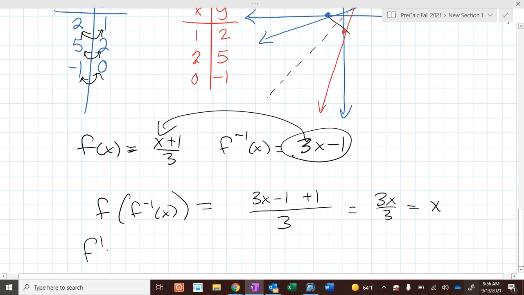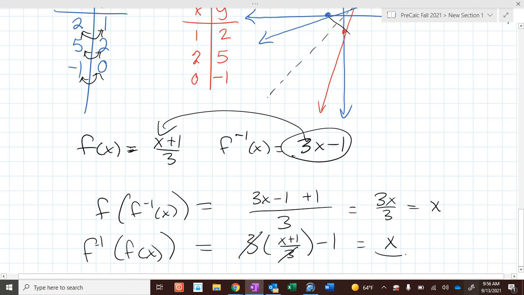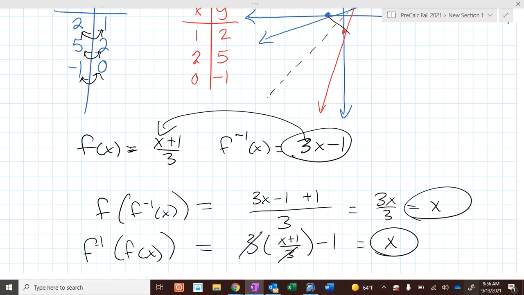If you take f inverse of f of x, then let's put 3 times x plus 1 over 3 minus 1. Well, the 3's cancel, and x plus 1 minus 1 is what? X. If terms are inverses of each other and you do their composite function, they should both wind up to be x. Okay?